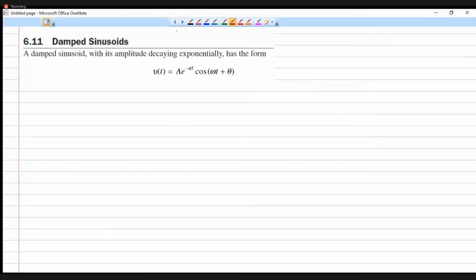Now moving on to the concept of damped sinusoids. When we multiply a sinusoidal function with e power minus t, what we get is called a damped sinusoid. If you want to plot it, it contains a cosine term as well as an exponential term.